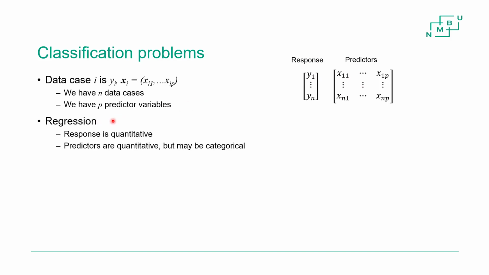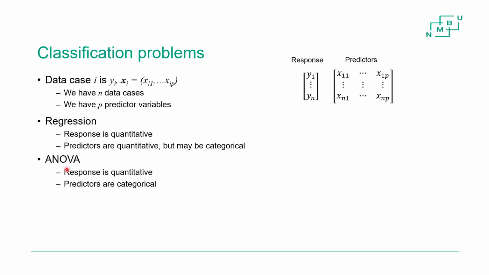When we talked about regression problems, the response is quantitative. The y here is numerical, right? The predictors are also typically quantitative, but we may have some categorical columns. We saw ANCOVA, analysis of covariance, where we mixed both quantitative and categorical data.